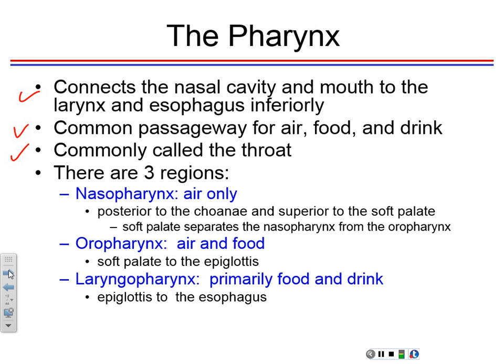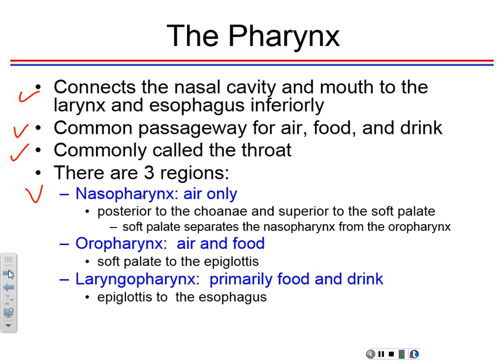The nasopharynx is that area of the pharynx that is directly connected to the nose, so it's mostly air. Food gets up there if you are being deviant and we are talking or doing something, but it's mostly air.